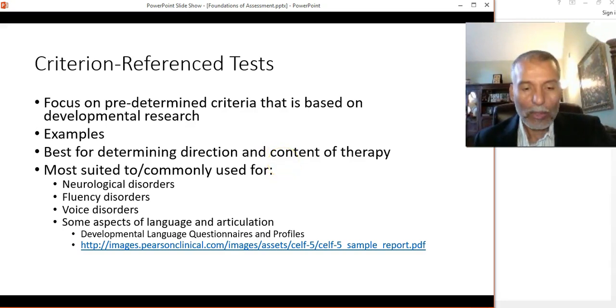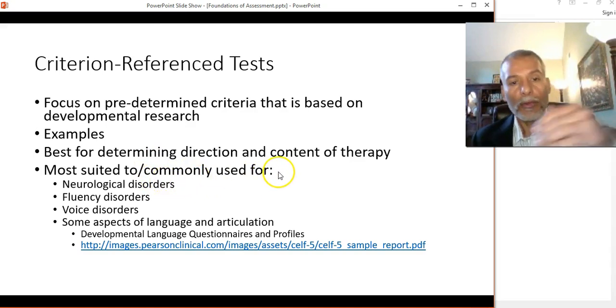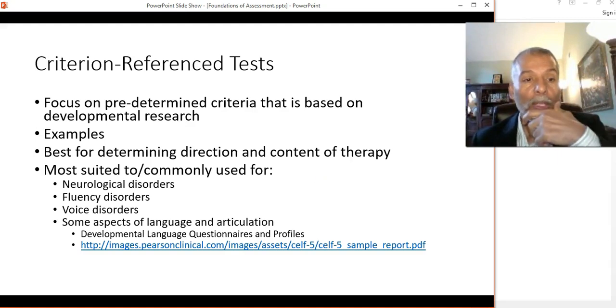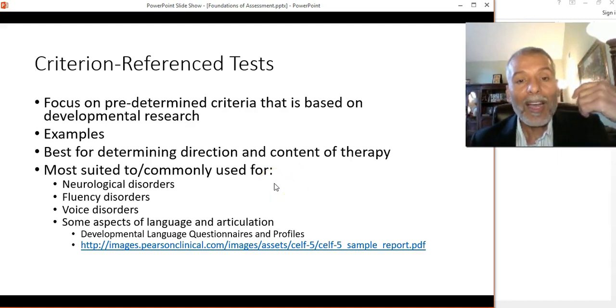I'm going to speak more about this later. But they are used for the purposes of planning, for designing the content of the treatment, for redirecting treatment, for example, and for determining the level of progress of that treatment. So they are not as rigid as standardized tests, but you administer them the same way.